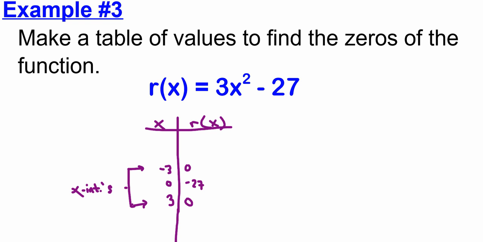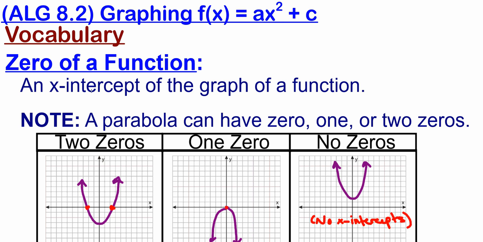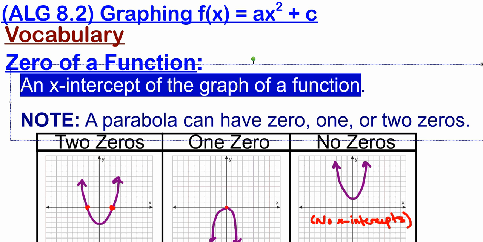So how we're going to express our answers for the zeros of the function, it's the values of x. Let me write this on here. Actually, I want to add this to my definition back here. The zeros of a function, it says an x-intercept of the graph of a function. That's your textbook's definition, but I actually want to change that up.